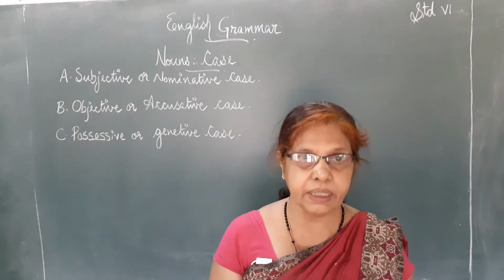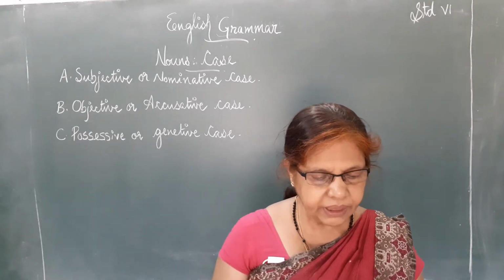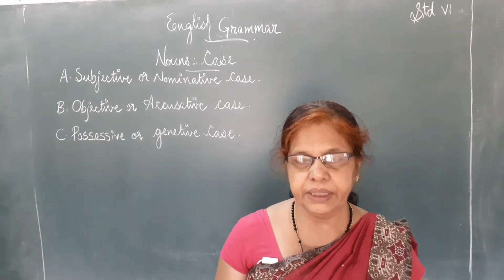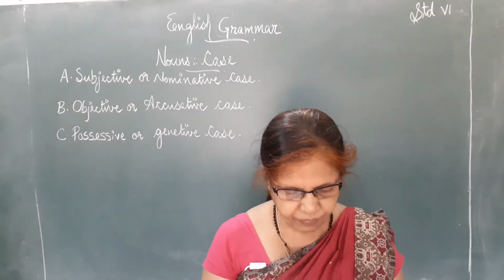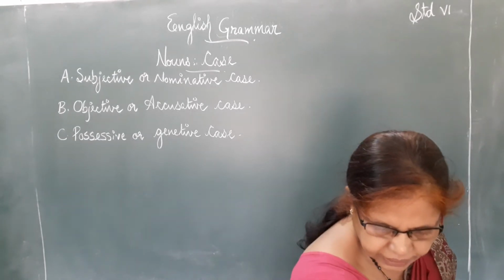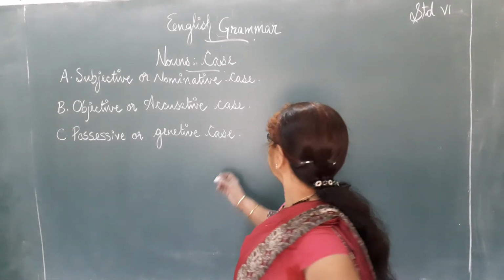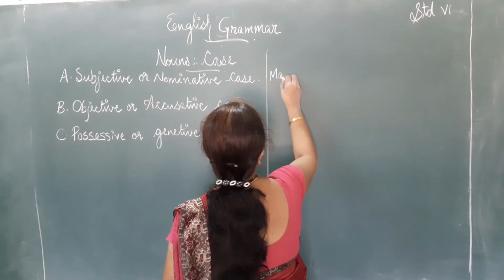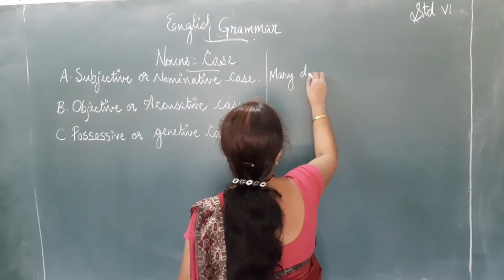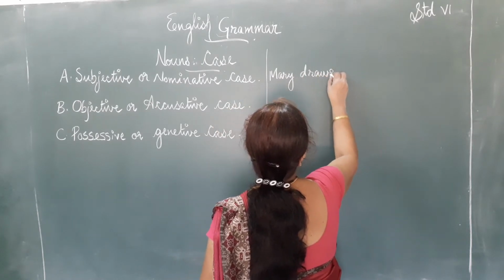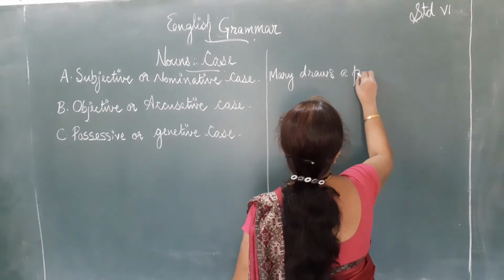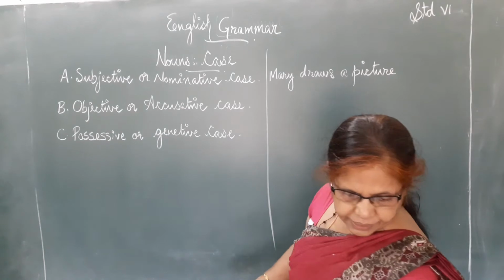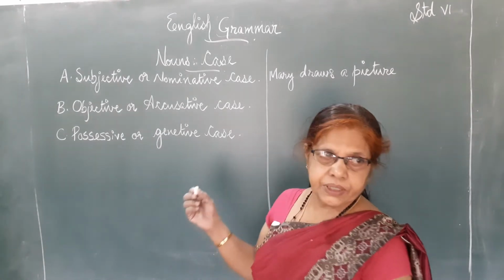We will go through what is subjective case. You know what is subject? Subjective case is when we use a noun as the subject of a verb, it is the nominative case. See, here is one example. Mary draws a picture.